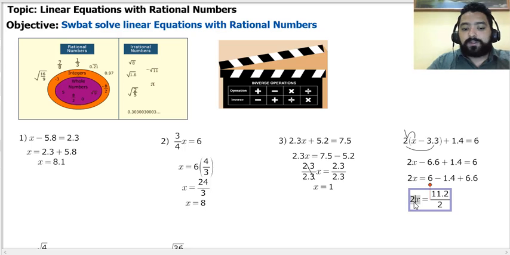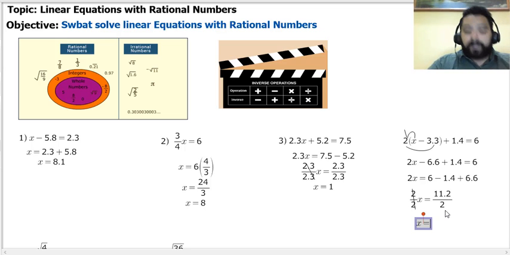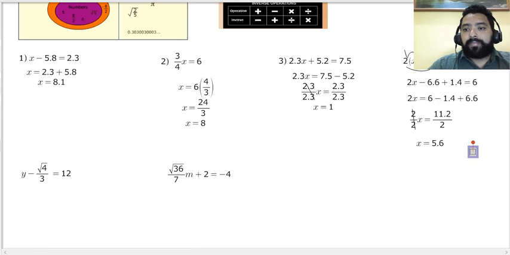The 2 cancels here to get 1, so we get only the x. And 11.2 divided by 2 is 5.6. This is our answer. The value for x is going to be 5.6.